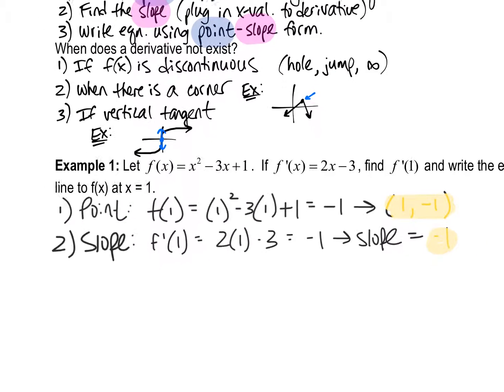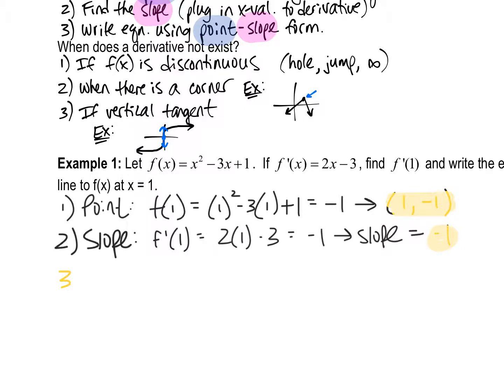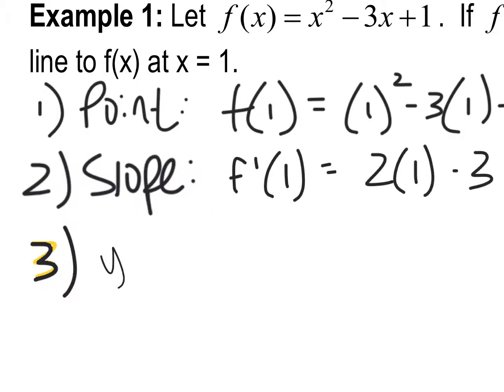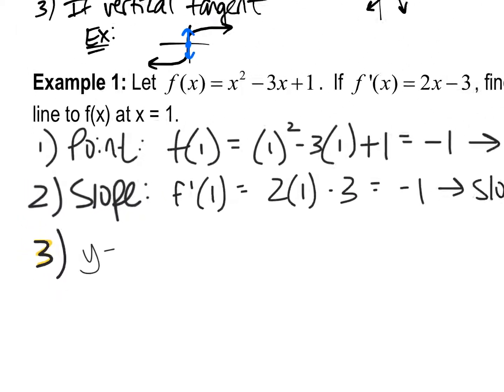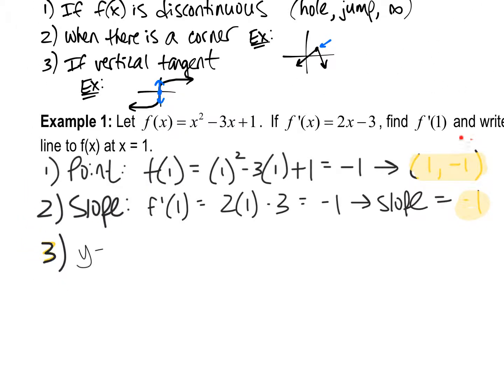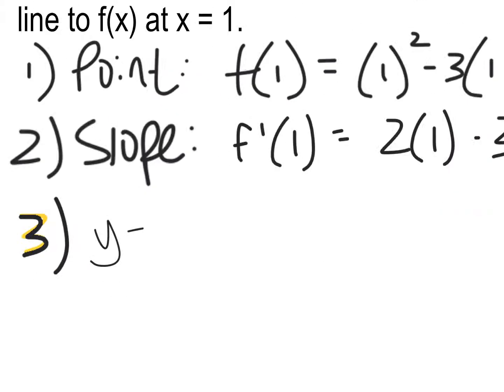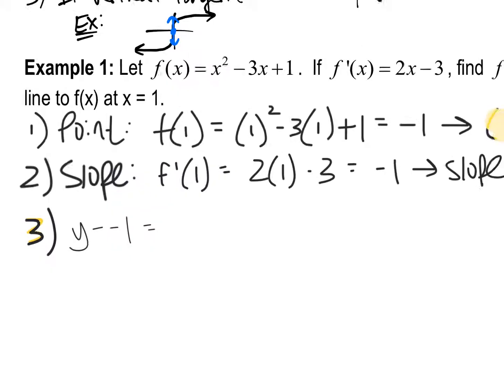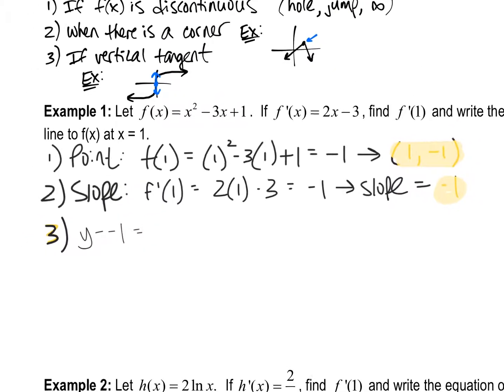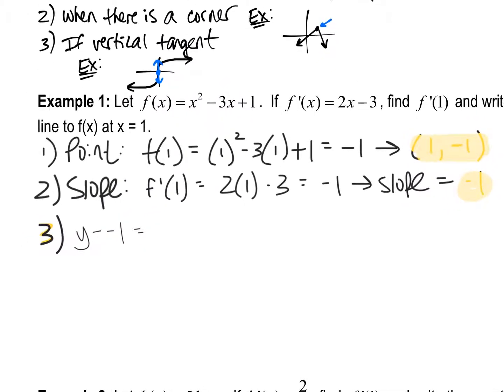And so step 3, now that I have a point and a slope, I'm going to use the point-slope formula from above, which is y minus y1, and my y1 is right here, which is negative 1. So minus negative 1. I do write minus negative and then I change it to positive afterwards because I can never remember if I changed it or if I forgot to change it. So I will change that to a positive 1 in just a second.